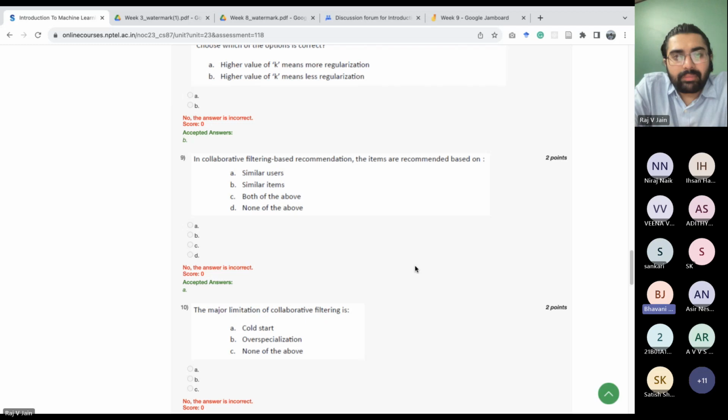Can you repeat, sir, your question? So 9B, the option number B in question number 9, similar items means content-based similarity. Okay. Now, if that's the case, is 9B the right option? If it is content-based similarity, then no, sir.